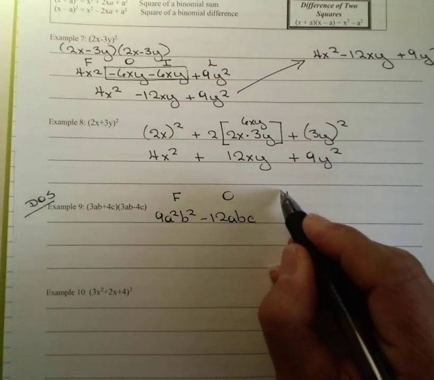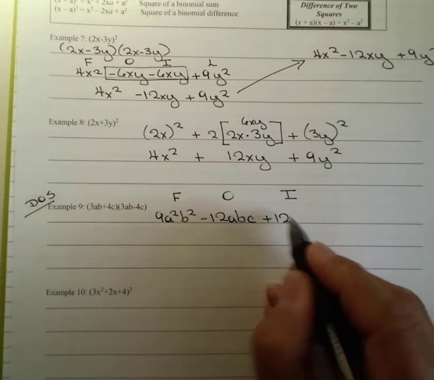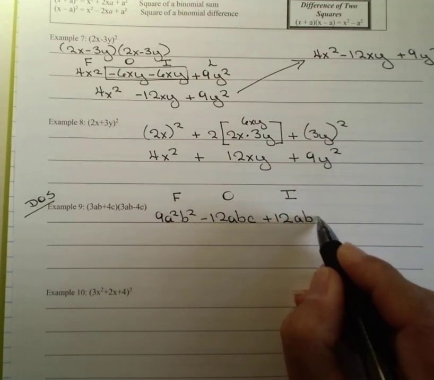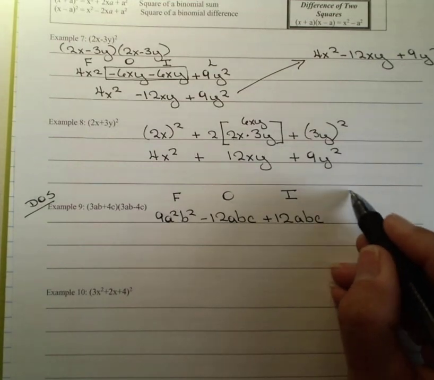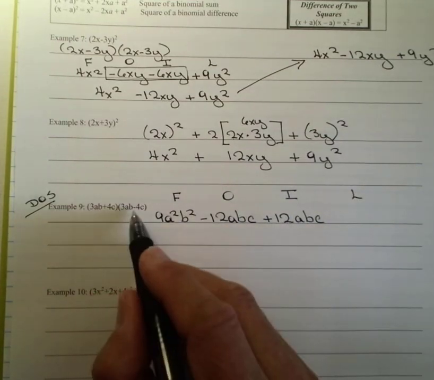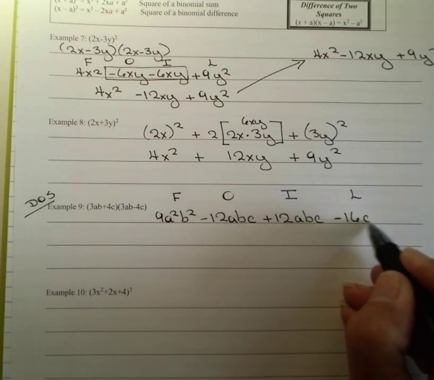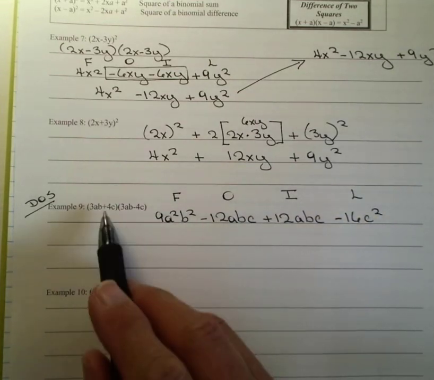Next, inside terms. 4 times 3 is a positive 12. Once again, A times 1, B times 1, C times 1, because there's no matching variable in the other term. And last, negative times positive gives me a negative. 4 times 4 is 16. C times C is C squared. And look what happens when you have this situation.